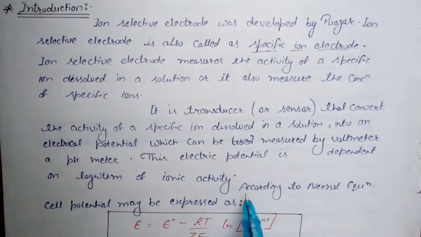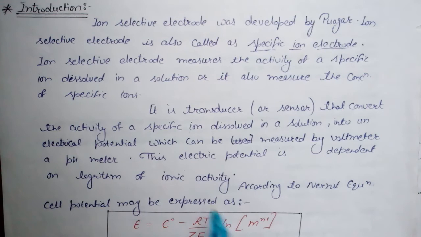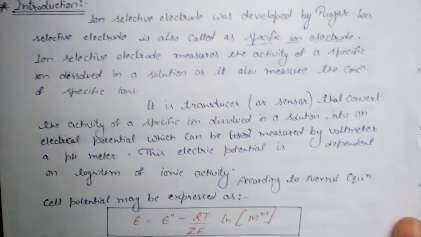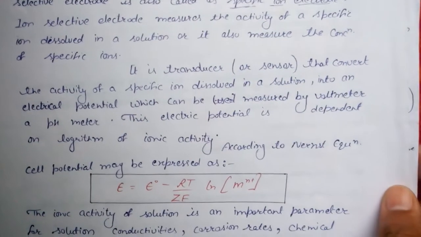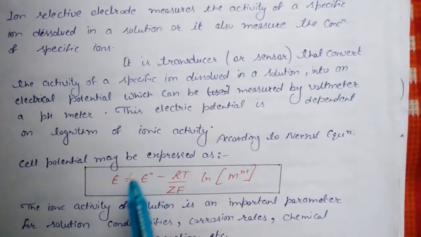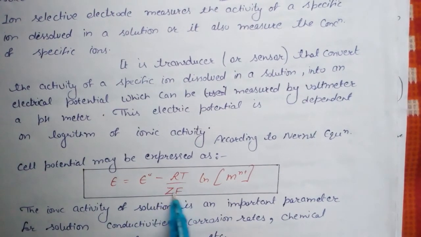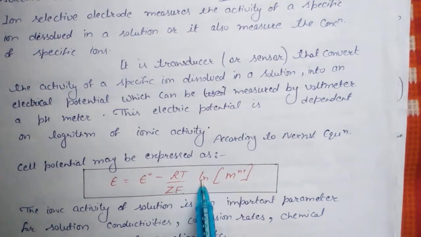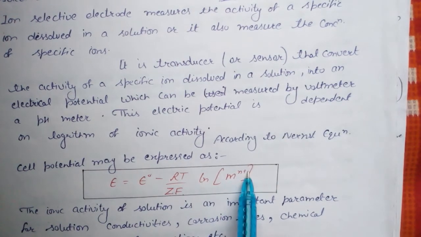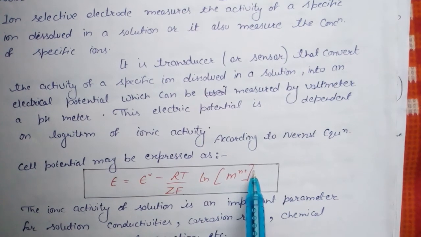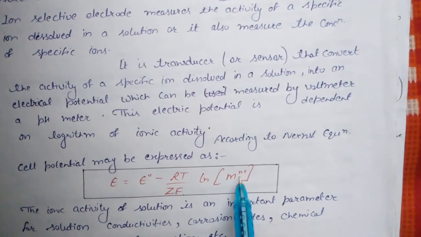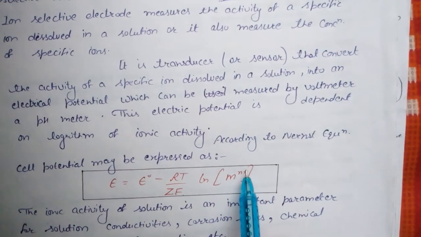So according to the Nernst equation, cell potential may be expressed as, I hope all of you know about the Nernst equation, right? So E = E0 - (RT/ZF) ln of M^n+. So from here you can get the ion concentration of metal ions, right?